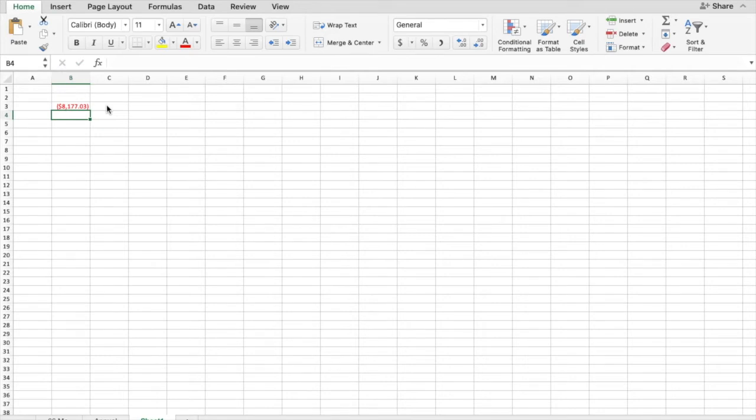And this tells me that my payment should be $8,177.03 per month. That is my payment. Now it puts it in parentheses simply because it's an outflow of cash, but don't worry about the formatting too much.